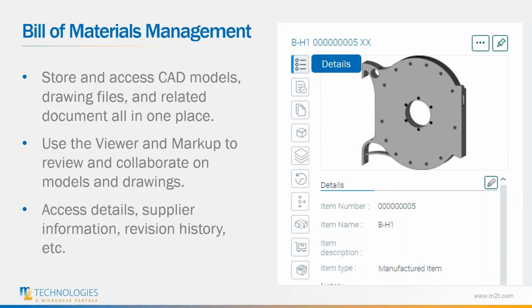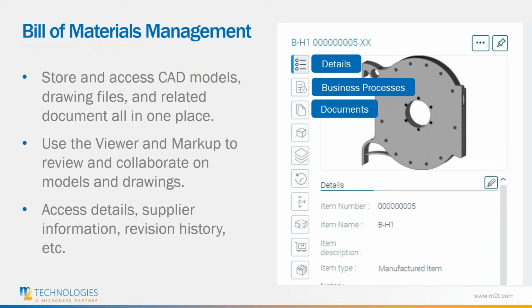In our Details tab, we can see an overview of part descriptions, such as item number and other details that are brought in from the original CAD. We can then see any connected business processes, such as those change orders or revisions.